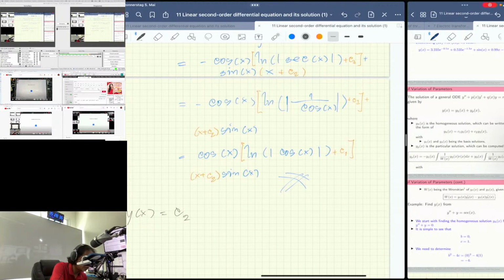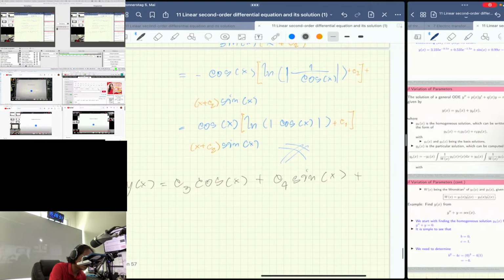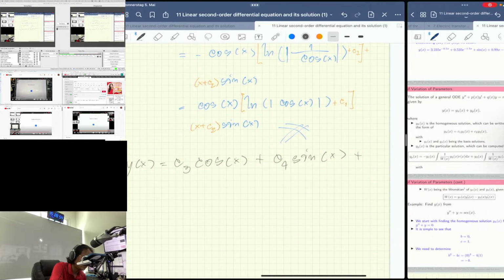That's C2, oh no, C3 cosine x plus C4 sine x, plus the particular solution, which is here: cosine x, the natural logarithm of the absolute value of cosine x, plus x sine x, okay, without a constant, x sine x. That's it for this problem.